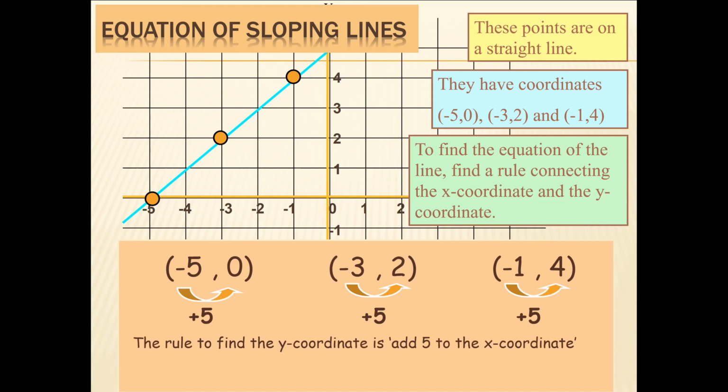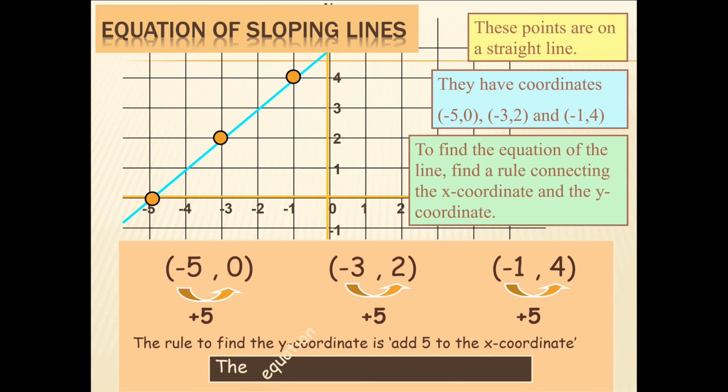So the rule for this given line is y coordinate equals x coordinate plus 5. So the equation you can write is y equals x plus 5. This is one way to find the equation of any line other than a horizontal or vertical line.